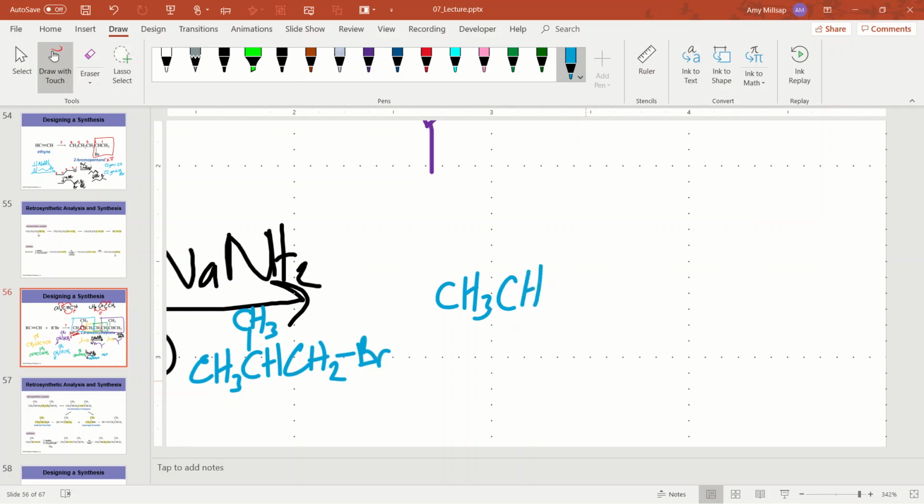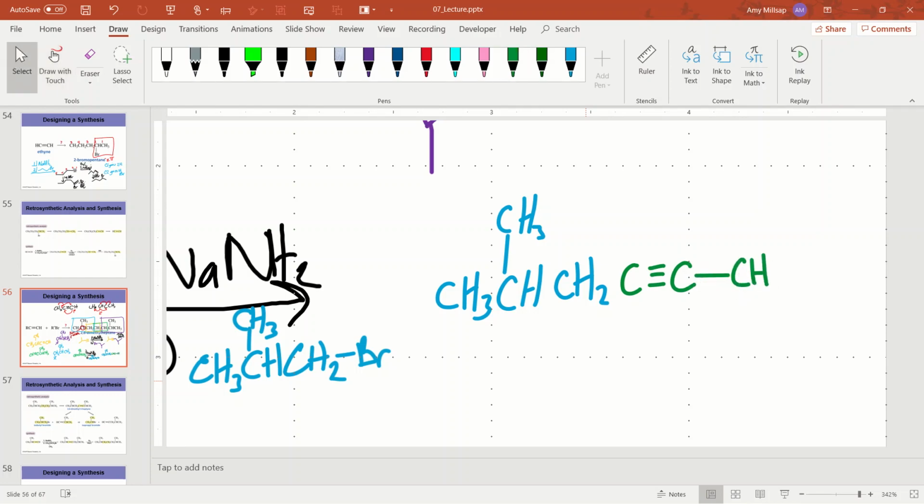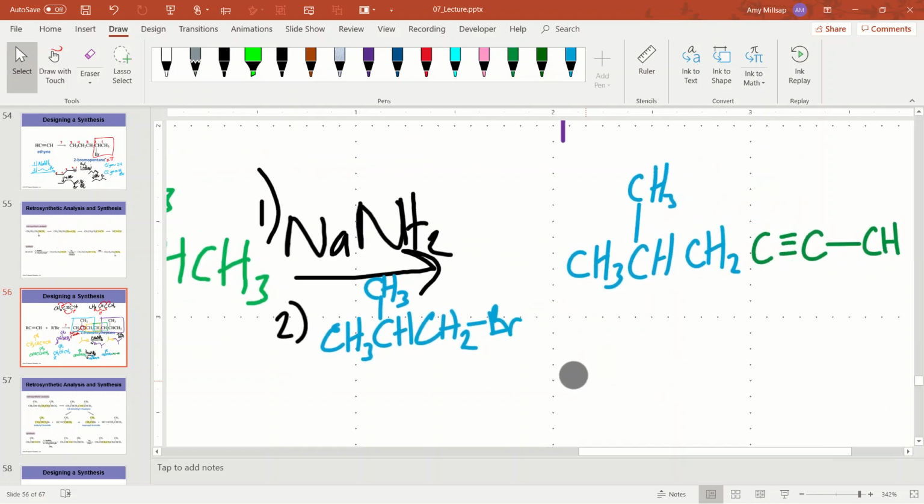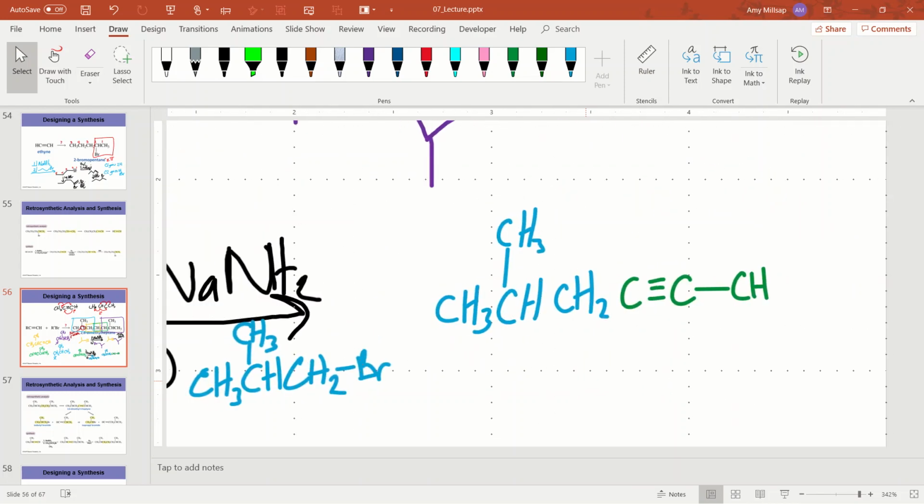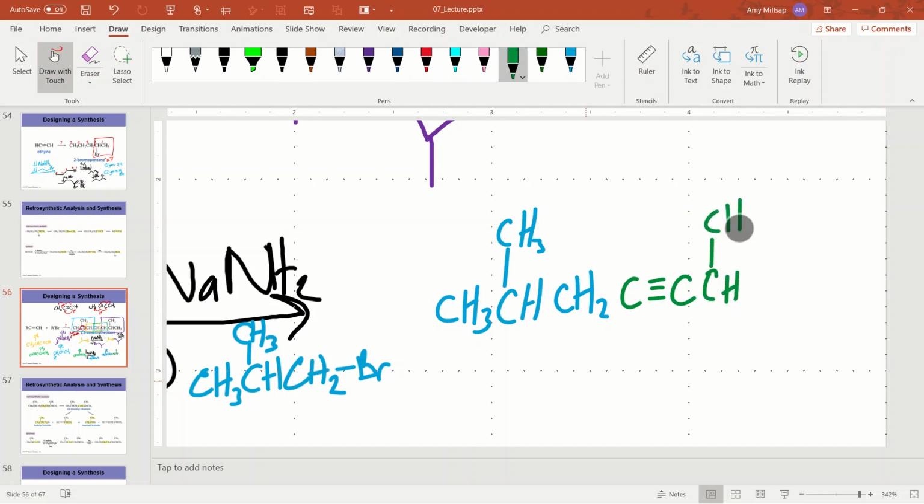CH3, CH, CH3, CH2, green C triple bond C, single bond CH, CH bonded to CH3, bonded to CH3.